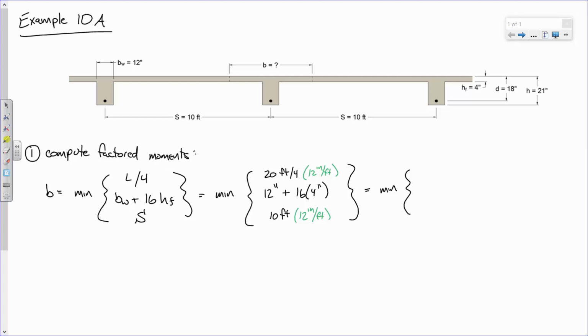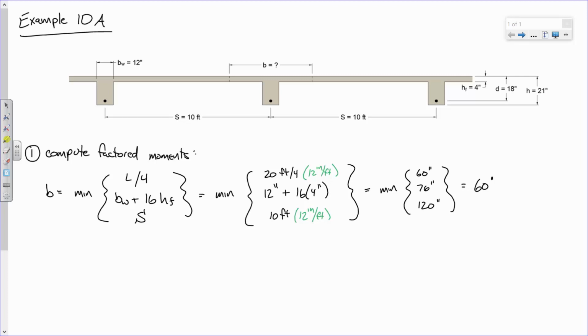So on the bottom, that's 120 inches. That's 20 times 12, 240 divided by 4 is 60 inches. And what's that middle one? I'm not that good. 16 times 4, 64, plus 12 was that 76? And so this is 60 inches.